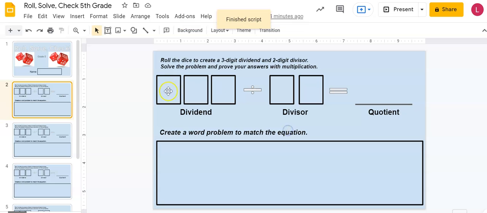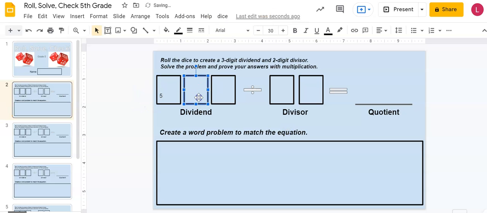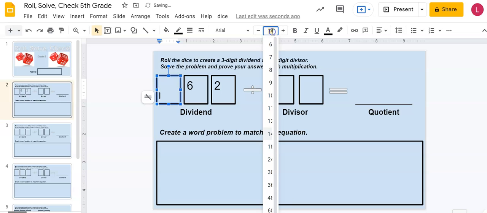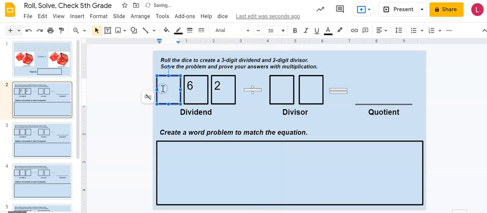I'm going to click OK and put those numbers in: 5, 6, and a 2. I'm going to change the font size on that one.